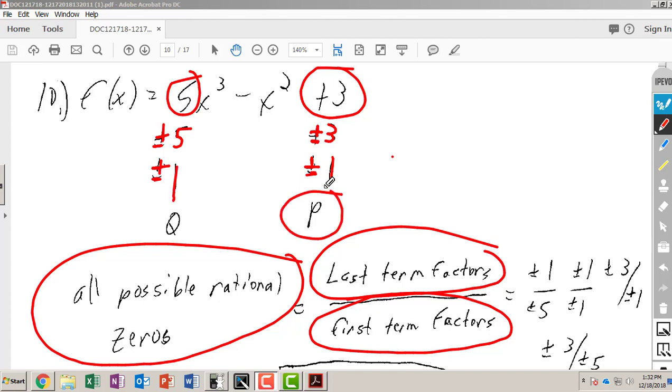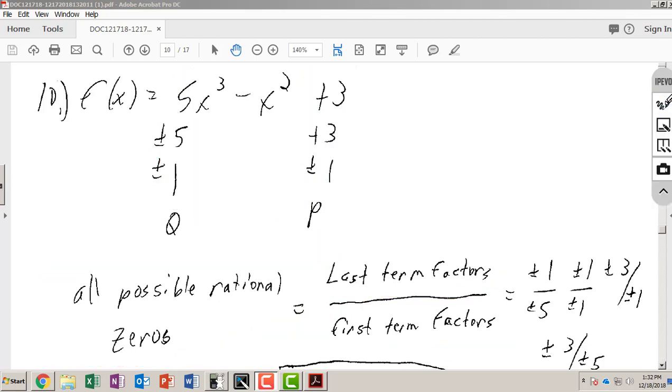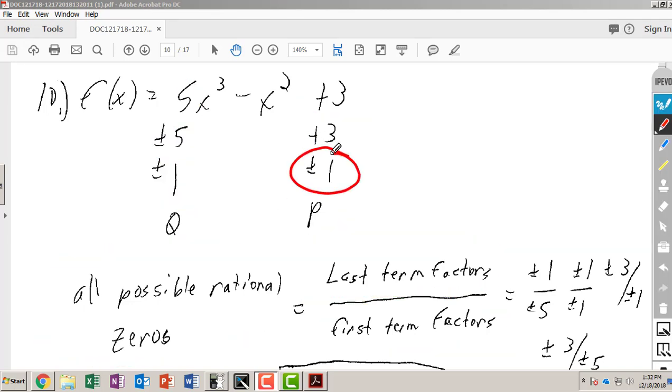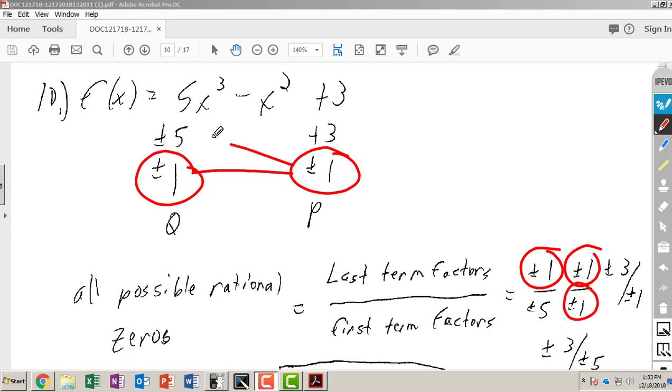Now, some books call them P and Q, and they say it's just P over Q that gives your possible rational zeros. So I have plus or minus 1 over plus or minus 1, and then plus or minus 1 over plus or minus 5.